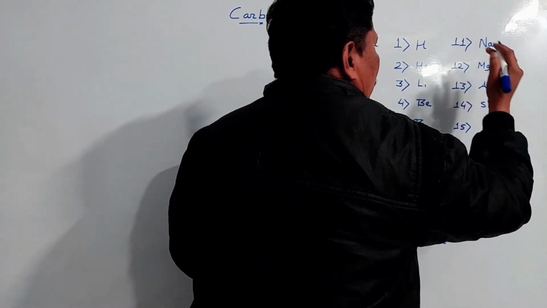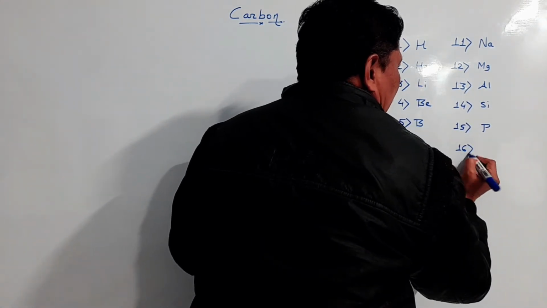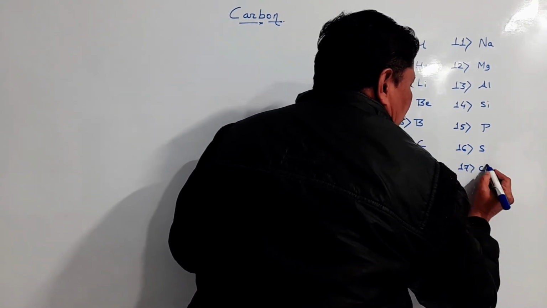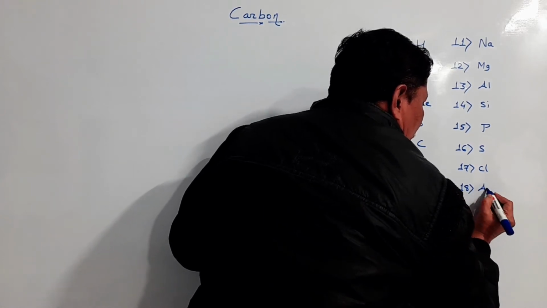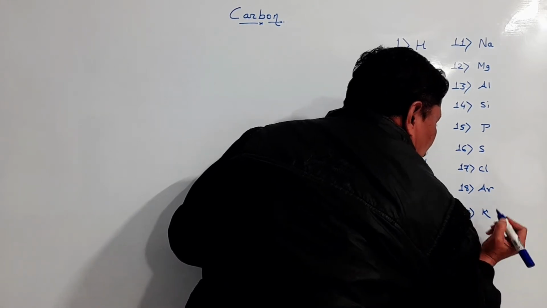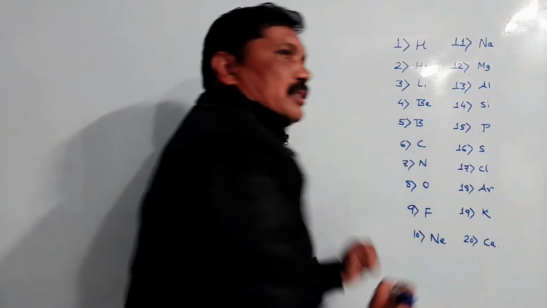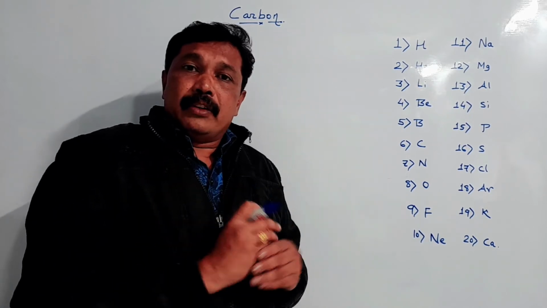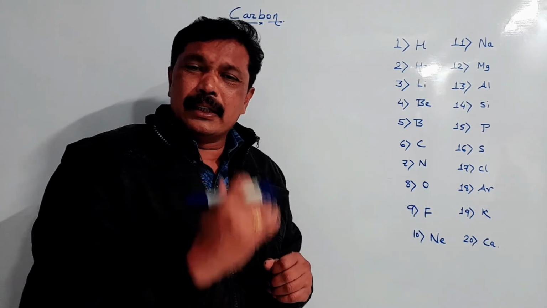Silicon. 15. Phosphorus. 16. Sulfur. 17. Chlorine. 18. Argon. 19. Potassium. And 20. Calcium.